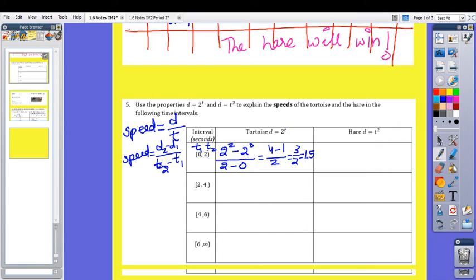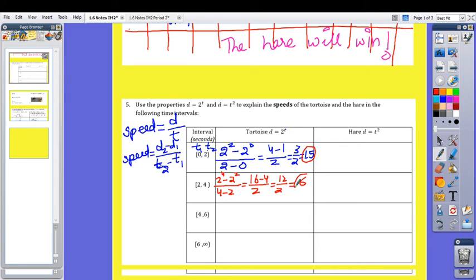Okay. Now let's do the next one. We will do t to the fourth power, then 2 to the second power, then 4 take away 2. That will give you 2 to the fourth power is 16, 2 to the second power is 4. You divide it by 2. That is 12 over 2, which is 6.